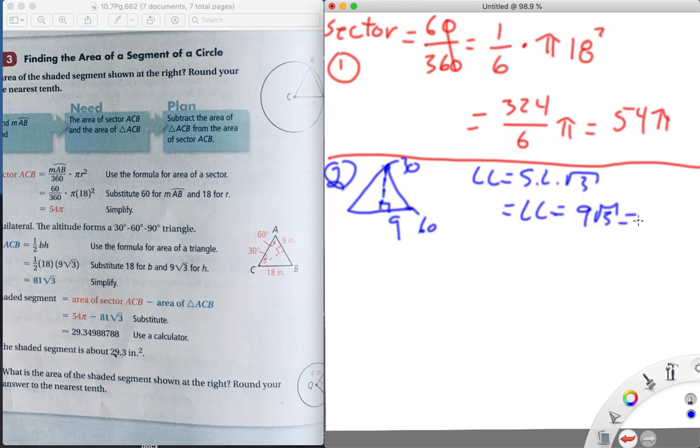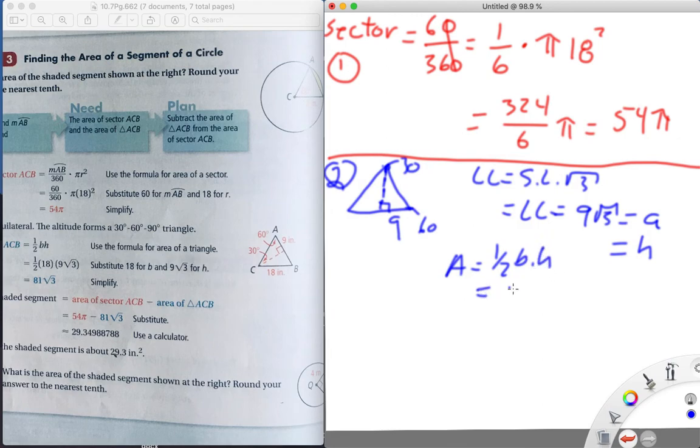But also remember that that's also my apothem for this particular triangle. And it's also my height for this triangle as well, because it forms a 90-degree angle. So the area of a triangle is 1/2 base times height.